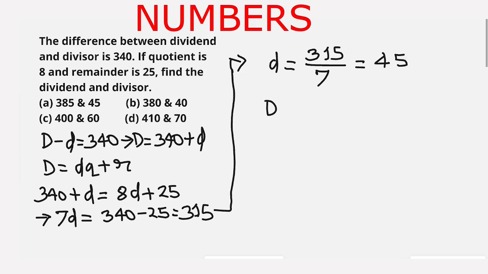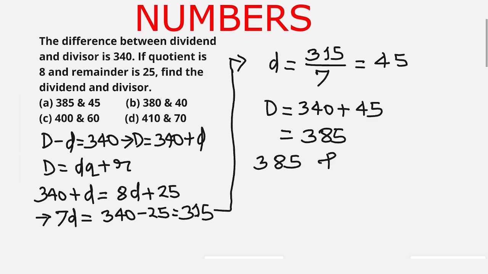Now we put this value in dividend equal to 340 plus divisor 45, and this is equal to 385. So dividend is 385 and divisor is 45, and from the given options our answer is option A. I hope you have understood the method of solving such type of questions. We go to the next question.